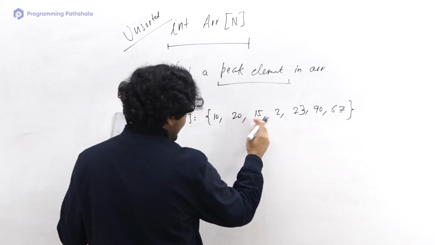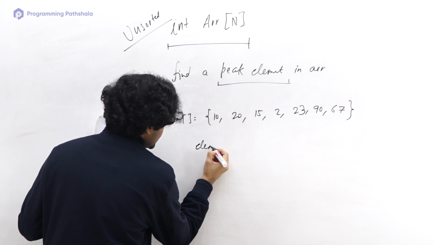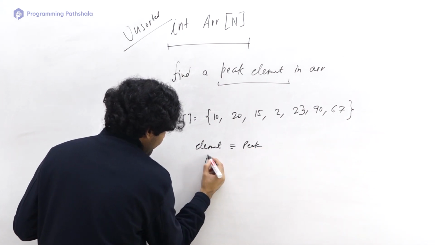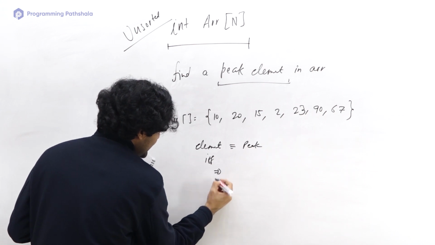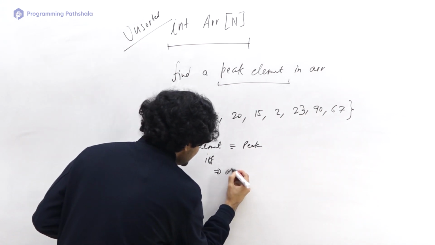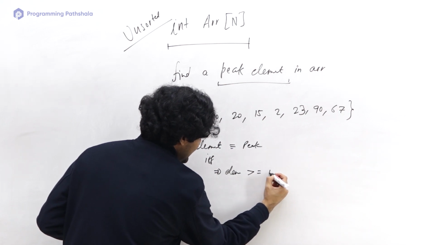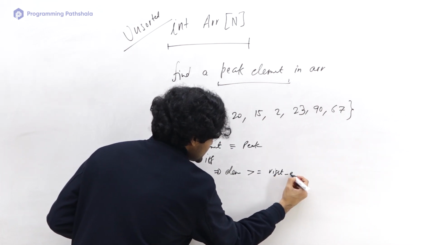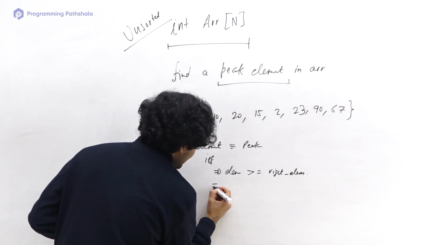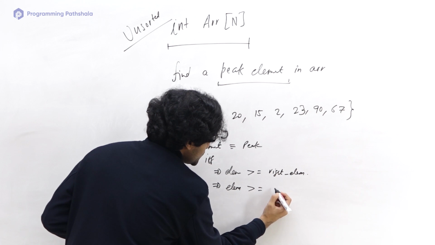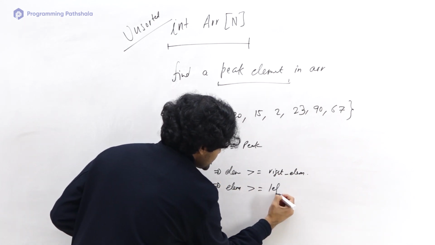If you take any random element from this array, then that element will be a peak if and only if both the two conditions are true. First condition, that this element must be greater than or equal to the element on its right. And the second condition is that this element must also be greater than or equal to the element on its left.